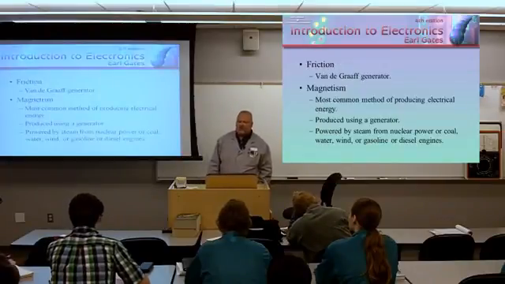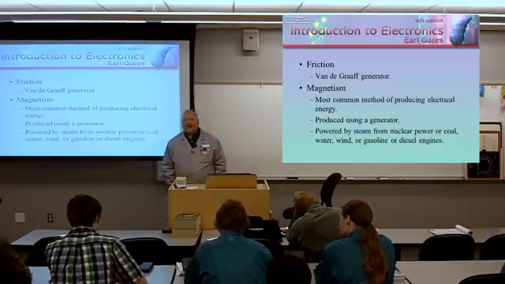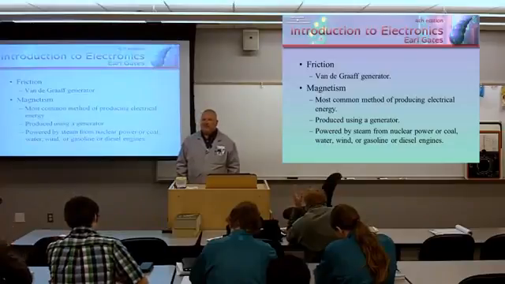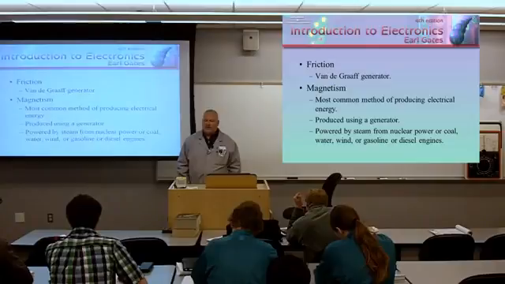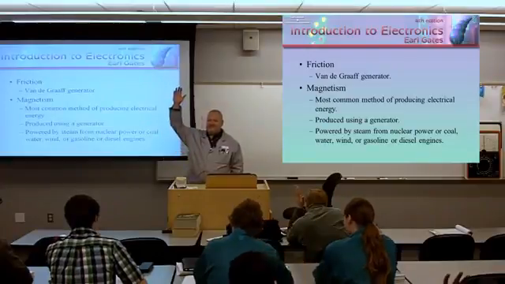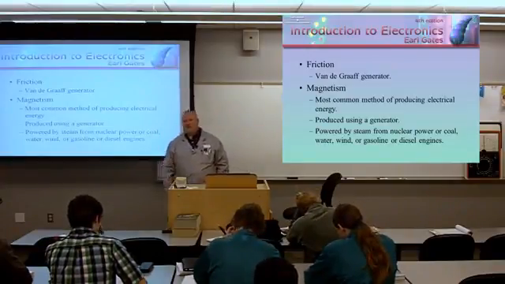The first one we're going to talk about is friction. Probably the most familiar is the Van de Graaff generator. How many of you here are familiar with lightning storms? That's probably the best example of friction producing electricity.